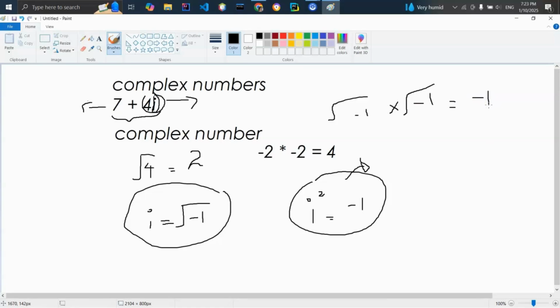Multiply square root by square root, and you get the number without this symbol. It disappears when you multiply square root by square root.